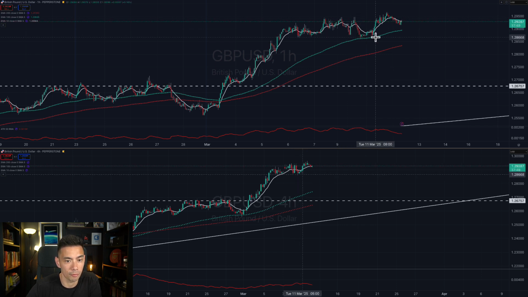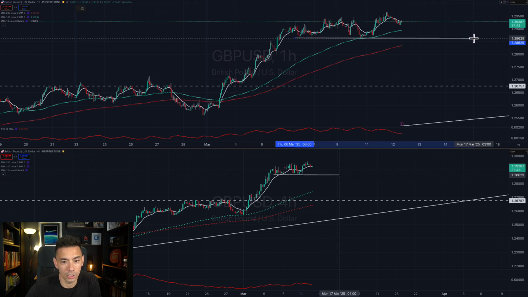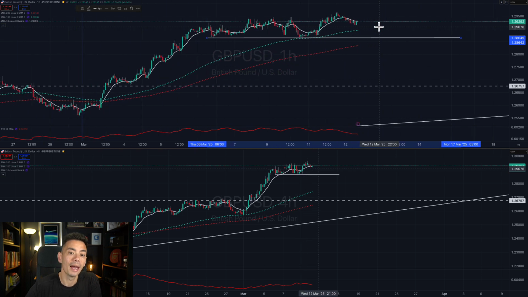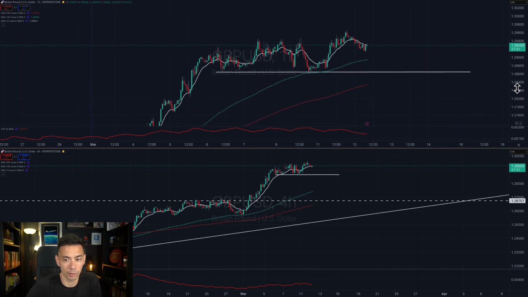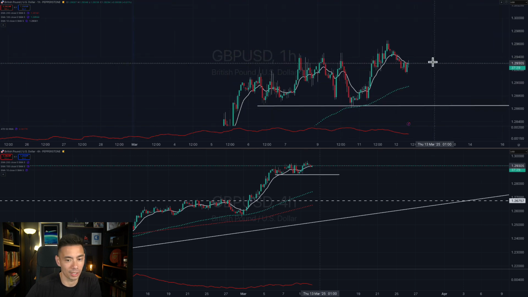So from that perspective, if you're looking to be a buyer and you want to be a little bit more conservative, your best bet will be to wait for the market to pull back towards the 1.2865 area, this support area over here. However, looking at the sentiment of the US dollar, it may not get back that far.